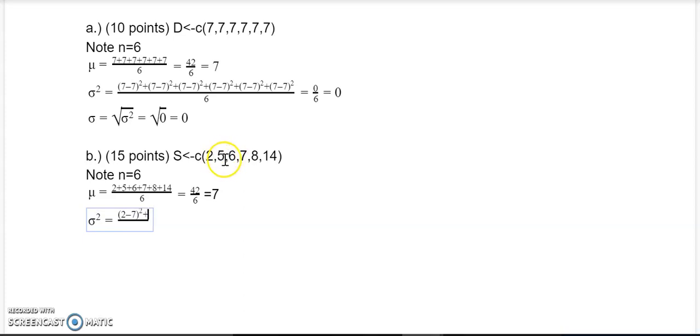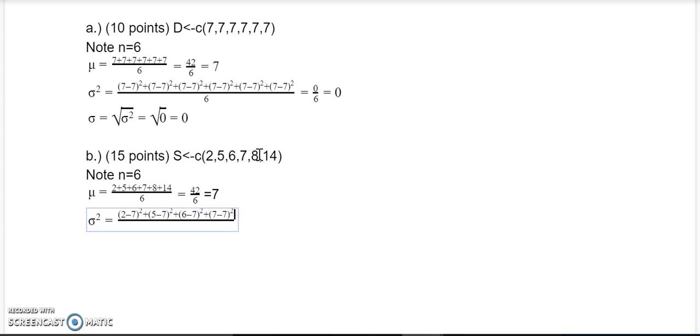The next vector value is 5. It's going to be then 5 minus 7 squared. Move on to the next one, which is 6. 6 minus 7 squared. Moving on to the next one, which is 7. 7 minus 7 squared.